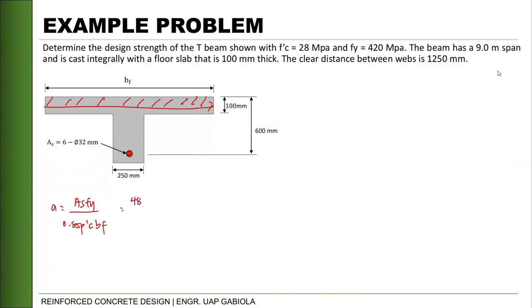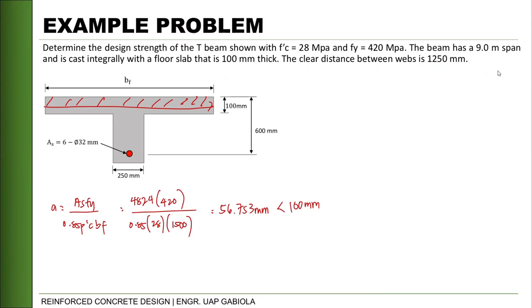So, we have 4824 and we have 420 all over 0.85 times 28 times 1,500. So that is equal to 56.753 mm. And as you can see, that is really less than dun sa 100 mm natin. Okay? Yung thickness ng flange. So basically, within tayo ng flange.